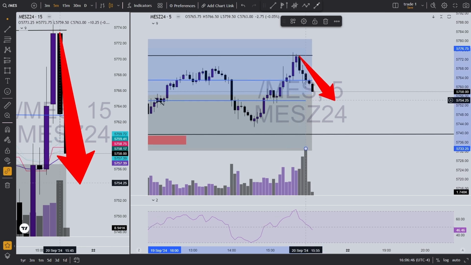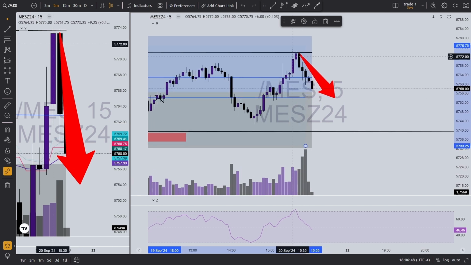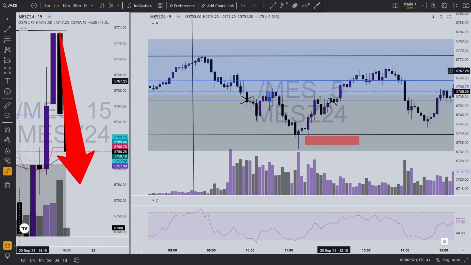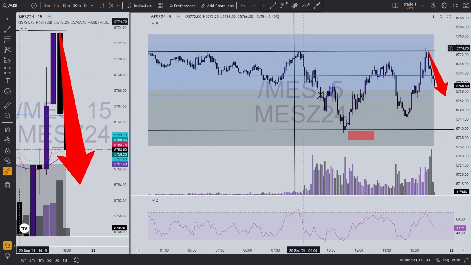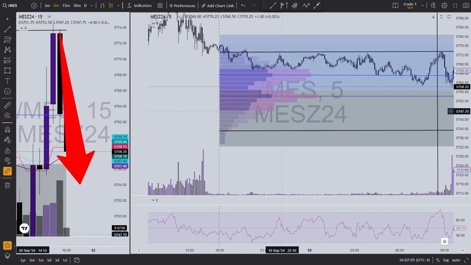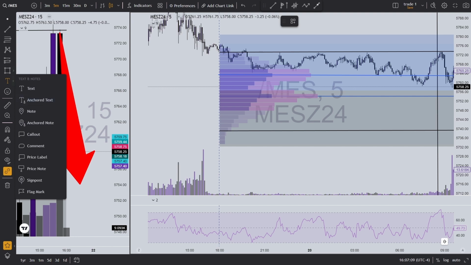So if we were to have taken this move short from the top off of these numbers, in which it rejected off of 5773, once more 5773 on the day. This is the story of the day. We're rejecting off of that. We rejected off of it multiple times yesterday, actually, and this is why, once more, we go back and look at all of our information from previous days.